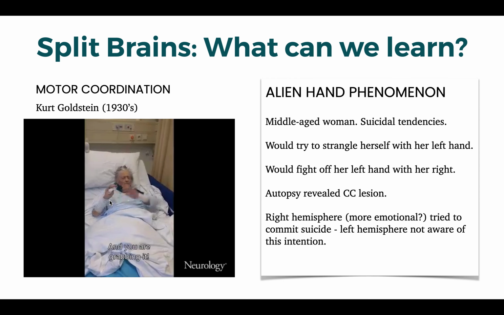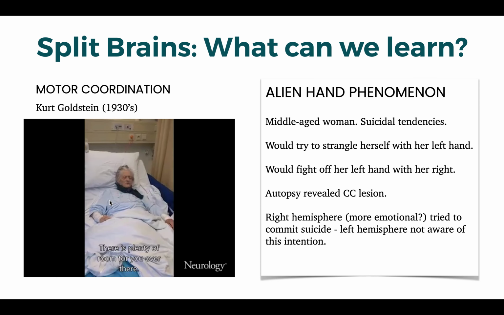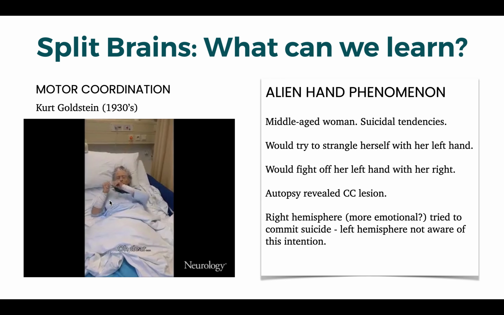So if she's conscious of what's going on with her, it looks like she's with her. So her right hand is okay. She's trying to push away the left hand, right? So she's in tune with what's going on. The right hemisphere is not able to communicate with the left hemisphere what it wants to do.